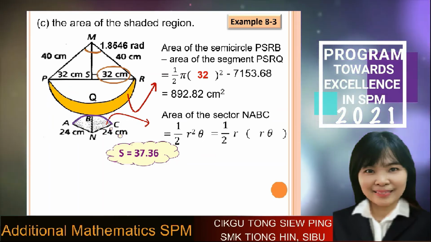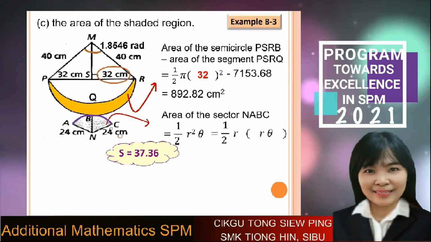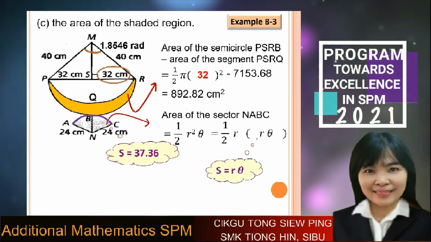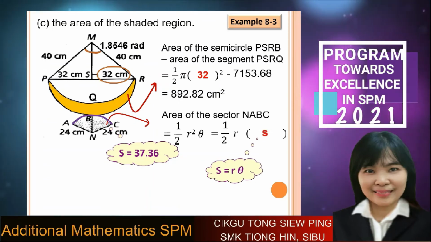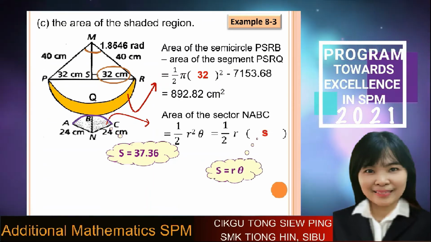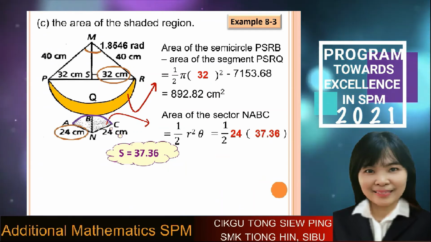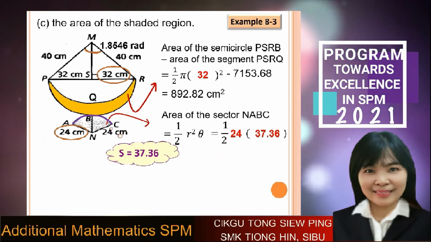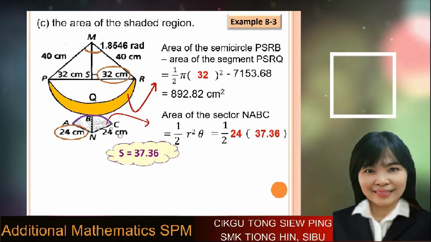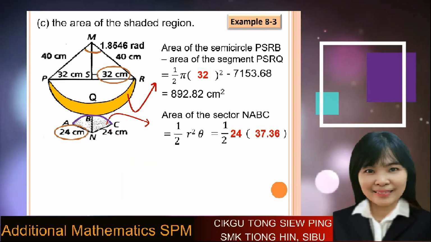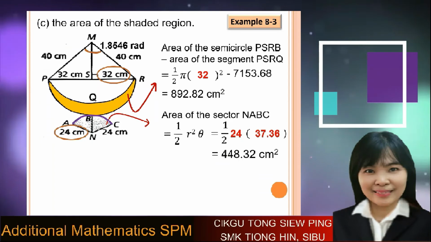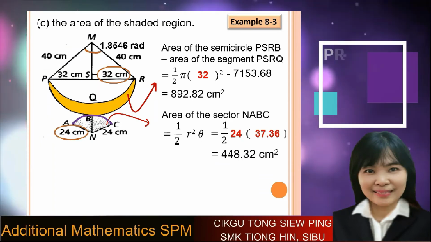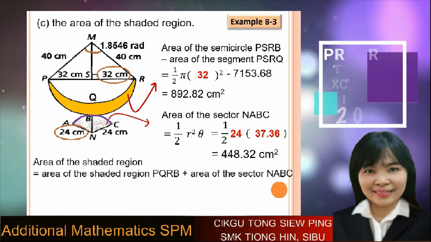Therefore, we rewrite this equation as 1/2 r (r theta). R theta is equal to s, so this can be replaced by s. We substitute the radius 24 and the s 37.36 into the formula. Then from your calculator, the answer is 448.32 cm squared.